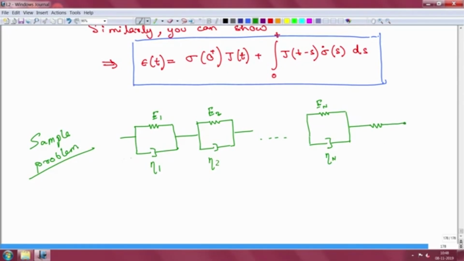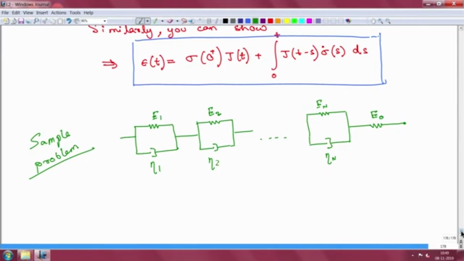So, you have n Kelvin-Voigt models and you have one spring. Okay. So, can we rederive the force deformation relationship and see whether or not it falls in the same category as what we had done for the n Maxwell models, right.